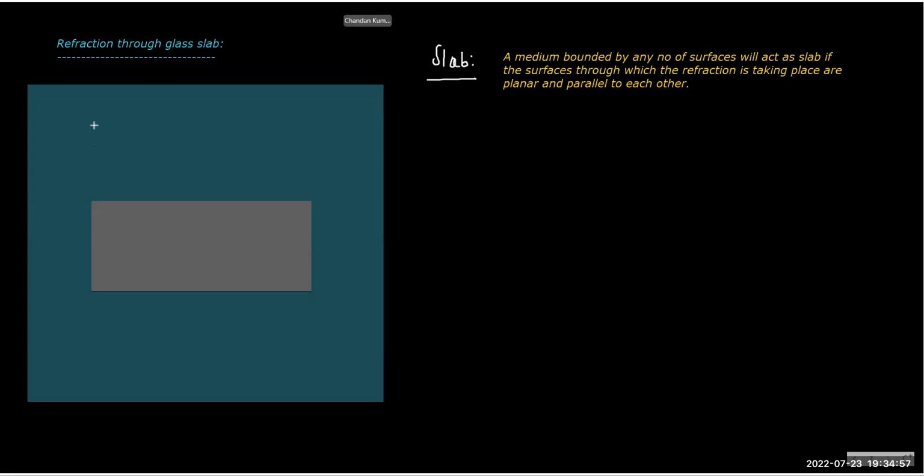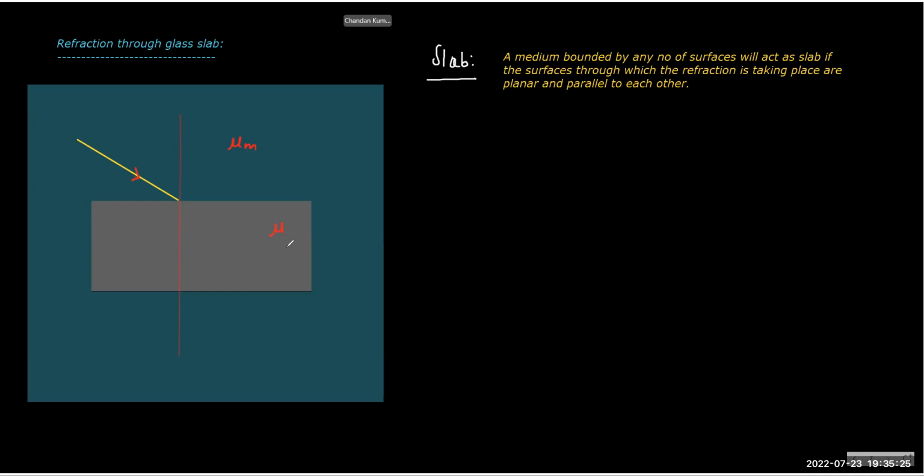So let's say we have an incident ray. I'm making it too oblique. And what will you do? You will just draw a normal at the point of incidence. You have no choice. So technically, we are going to assume that the medium surrounding the slab is less dense compared to the slab.